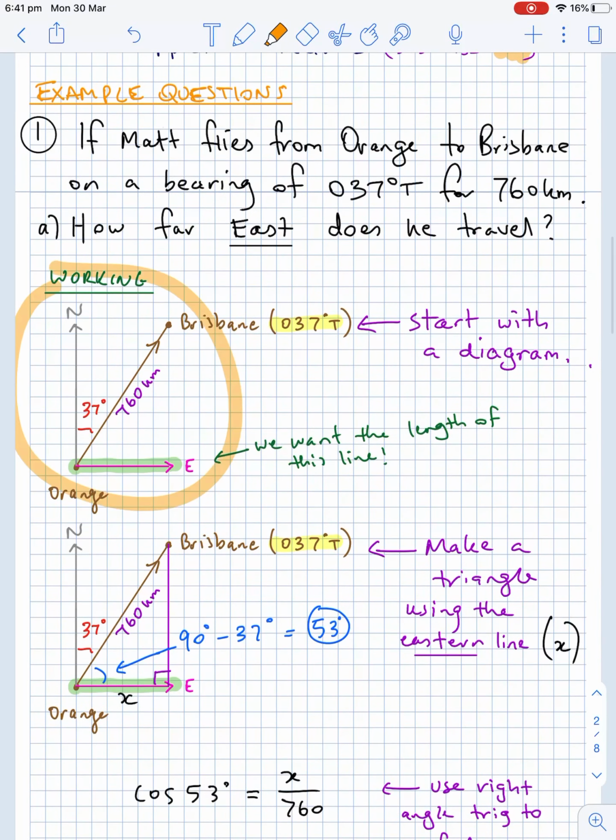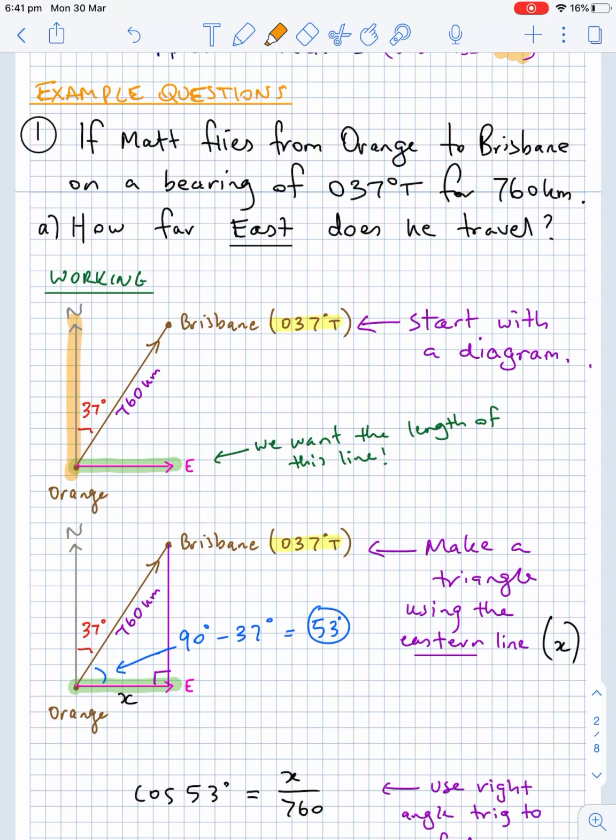Let's get this diagram going. That's the first thing I want you to be able to do, start with a diagram. Okay, so first up, we're going from Orange to Brisbane. So I've literally made that sort of just brown line between these two, showing which way I'm going. Now, what I want to do, from your starting place, you want to draw in your north line, in particular your north line.